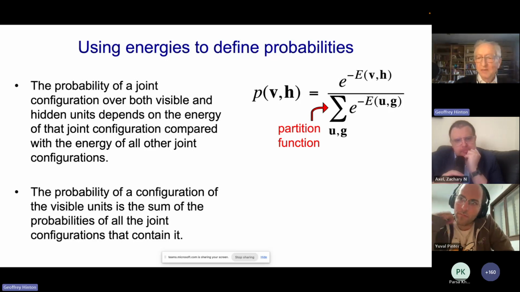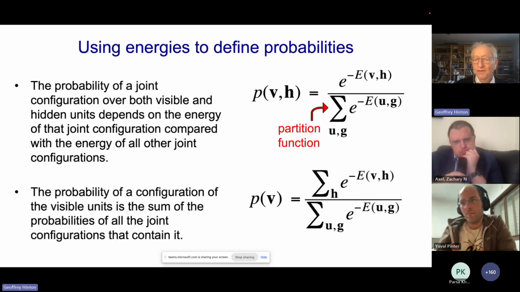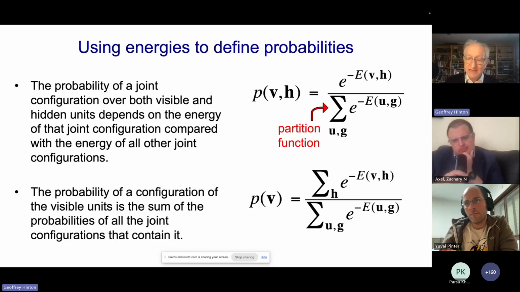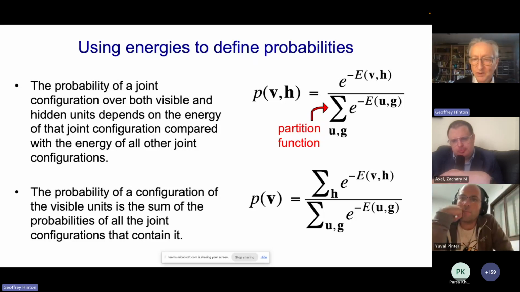And to get the actual probability of a joint configuration, you have to compute the energy of that joint configuration and then normalize by the partition function. If you want the probability of a visible vector, so suppose we trained up a Boltzmann machine and we're now going to just let it generate data. So it's a generative model, it's generative AI.